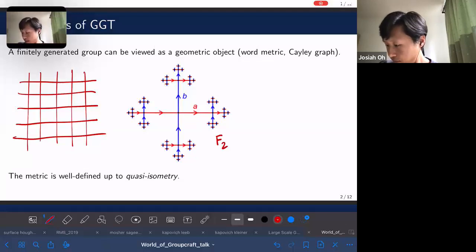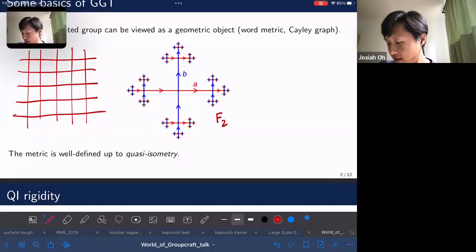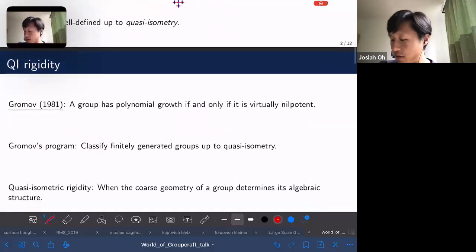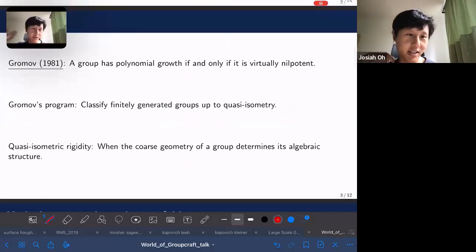Let me get to talking about QI rigidity, quasi-isometric rigidity. The place to start is Gromov's famous theorem on groups of polynomial growth. This is the statement of the theorem: a group has polynomial growth if and only if it is virtually nilpotent. The growth rate of a group is defined as follows.